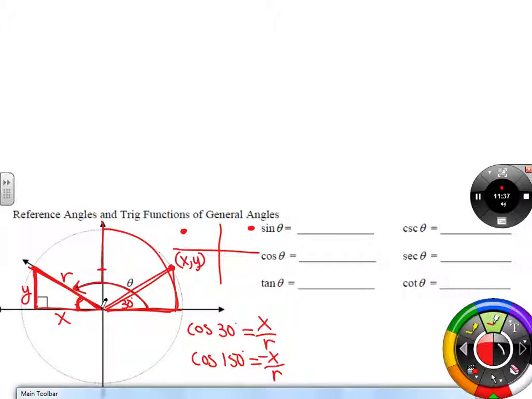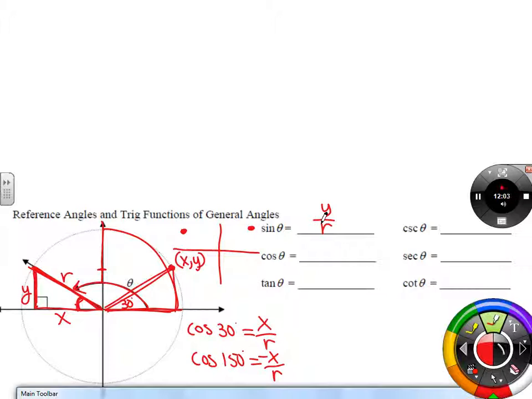So for any sine of any angle, you're always just going to use your y coordinate over your radius. Is that okay? So we're just translating the words opposite over hypotenuse and saying that, yeah, it is opposite over hypotenuse, but if you're in this picture where you have an x and y coordinate plane, the opposite is always the y value and the hypotenuse is always the radius. Okay?